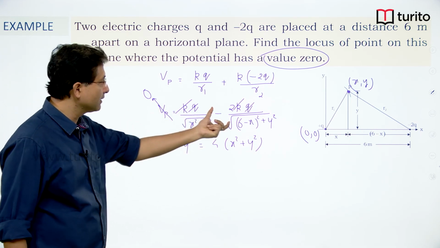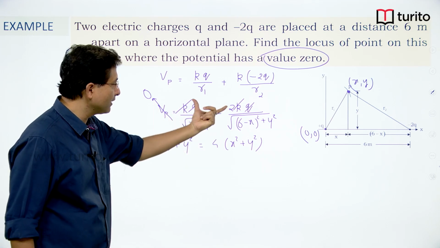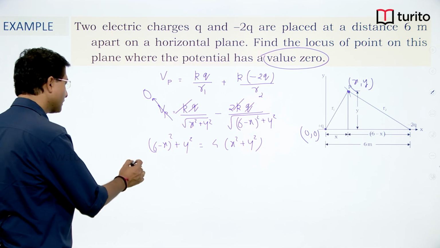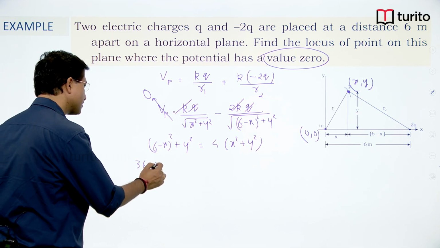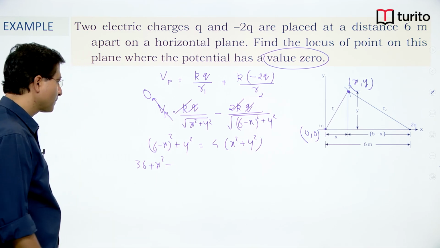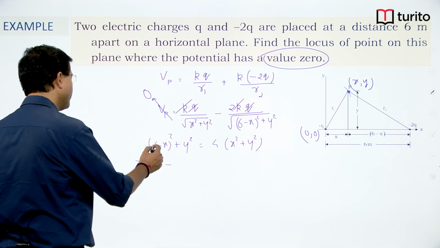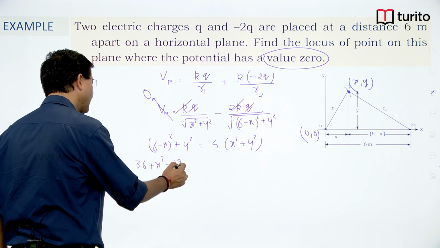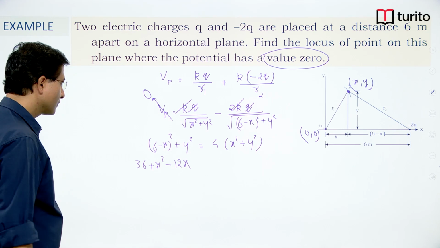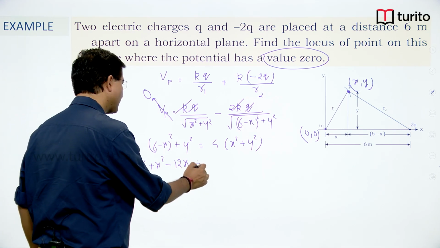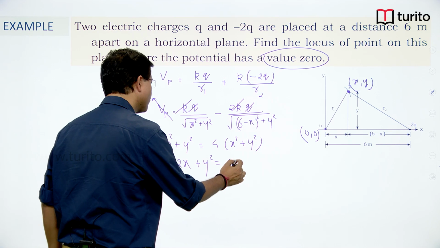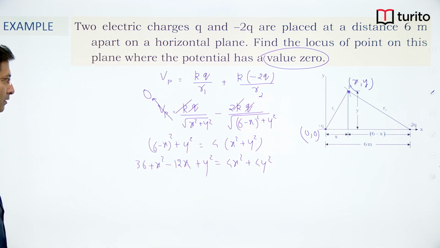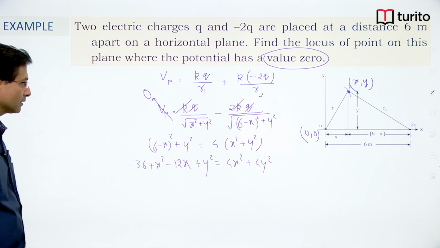Get this term on this side, squaring both sides and simplifying, you will get this term. Now, we can simplify, this will become 36 plus x square minus 12x, using a square plus b square plus 2ab, right. So, this will become 12x plus y square is equal to 4x square plus 4y square. Let's simplify.